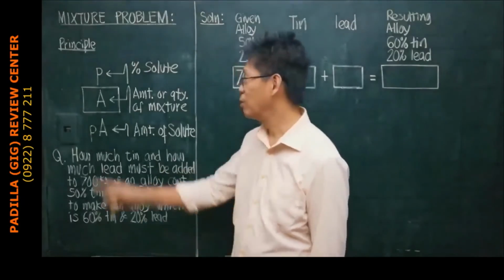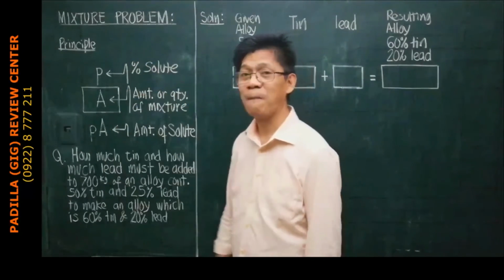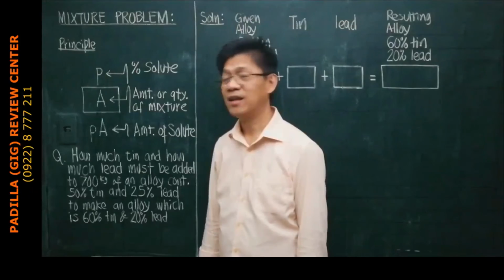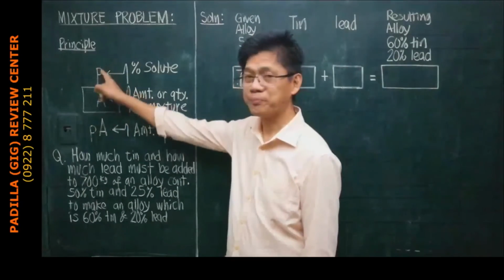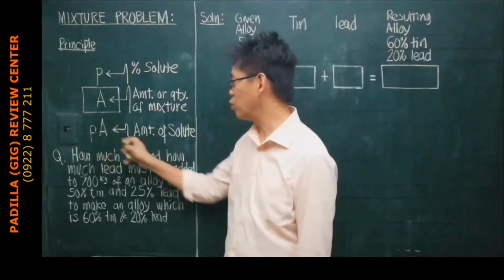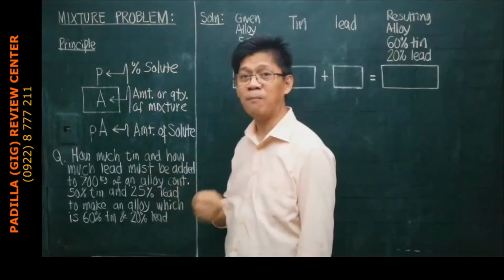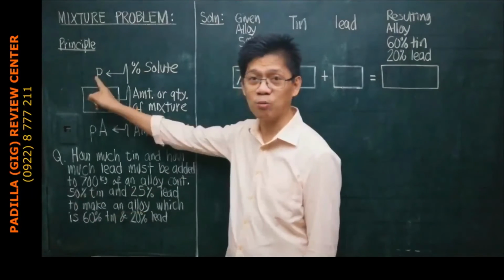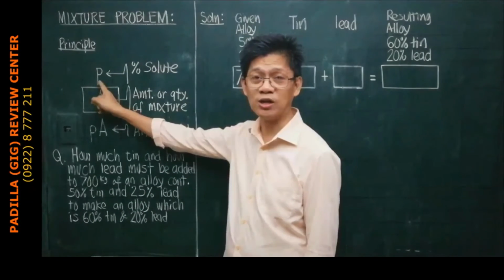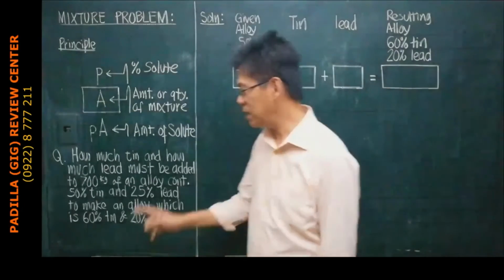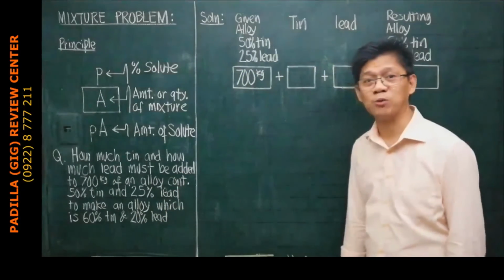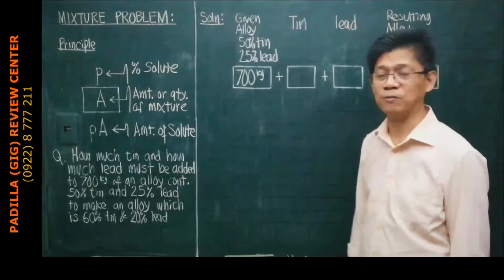Basta may per, we will substitute per cent. The product of the two will give you the amount of solute or the portion being referred to by the fractional unit. Now, let me illustrate how to solve a mixture problem in this question.